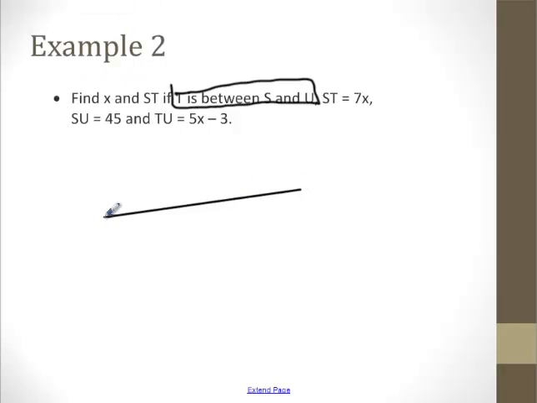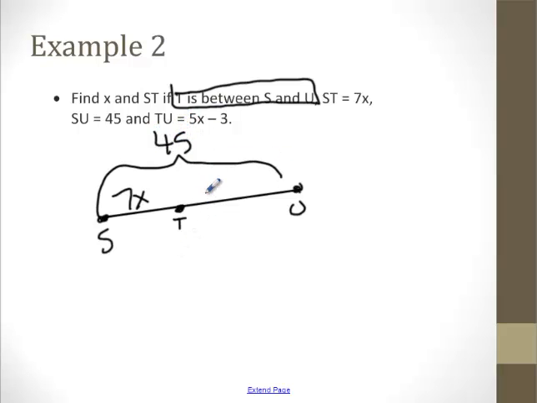Since it says T is between, this one's T. Let's call that S, call that U. ST is 7x, SU is 45, and TU is 5x minus 3. Now, because it's between, we know that the two small segments add up to the big segment.